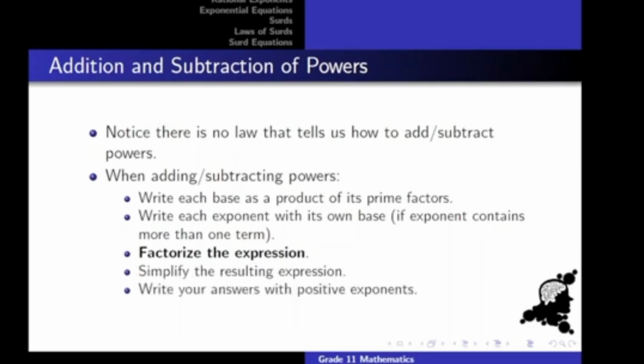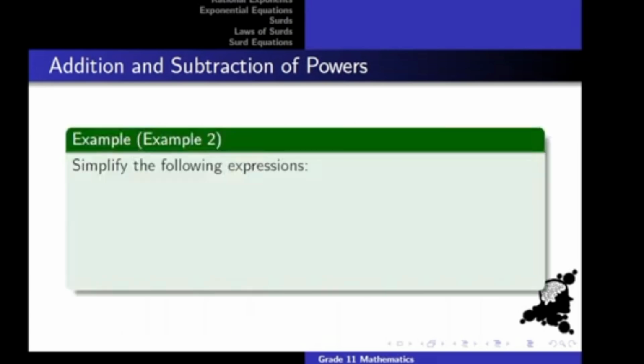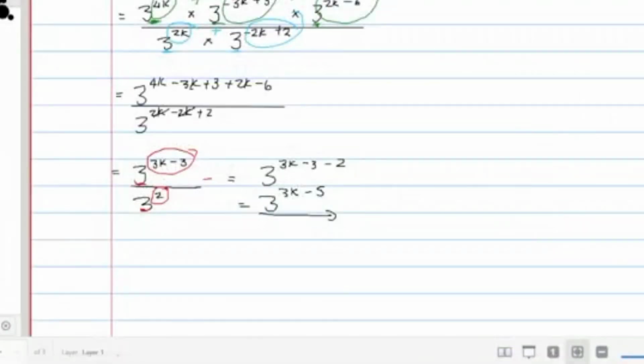Okay, so let's look for an example, a question. Yeah, there is an example. We are simplifying 3 to the power x plus 1 minus 3 to the power x minus 1.